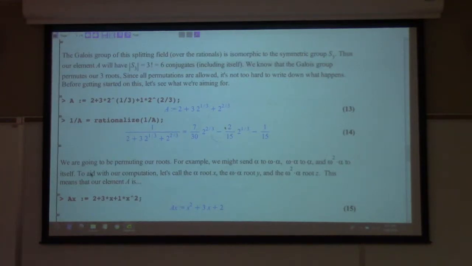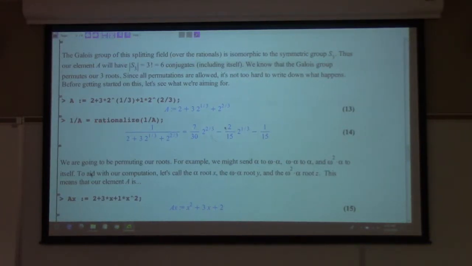A is equal to 2 plus 3 times alpha plus alpha squared. Maple already knows everything I'm going to tell you, and it can do it with its core programming. It's a built-in function for Maple.